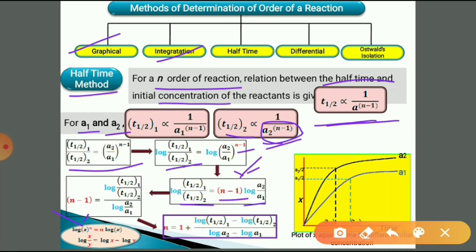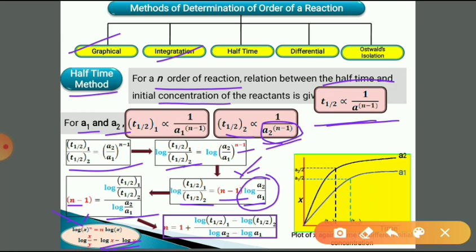Now after modifying this equation, again we have to change the equation to get the n minus 1 value. For that, just bring the log of a2 upon a1 to the left hand side, so we get n minus 1 equal to log of t half 1 upon t half 2 divided by the log of a2 upon a1. This is exactly in the form of log of x upon y, which can be written as log of x minus log of y. So just modify this equation.